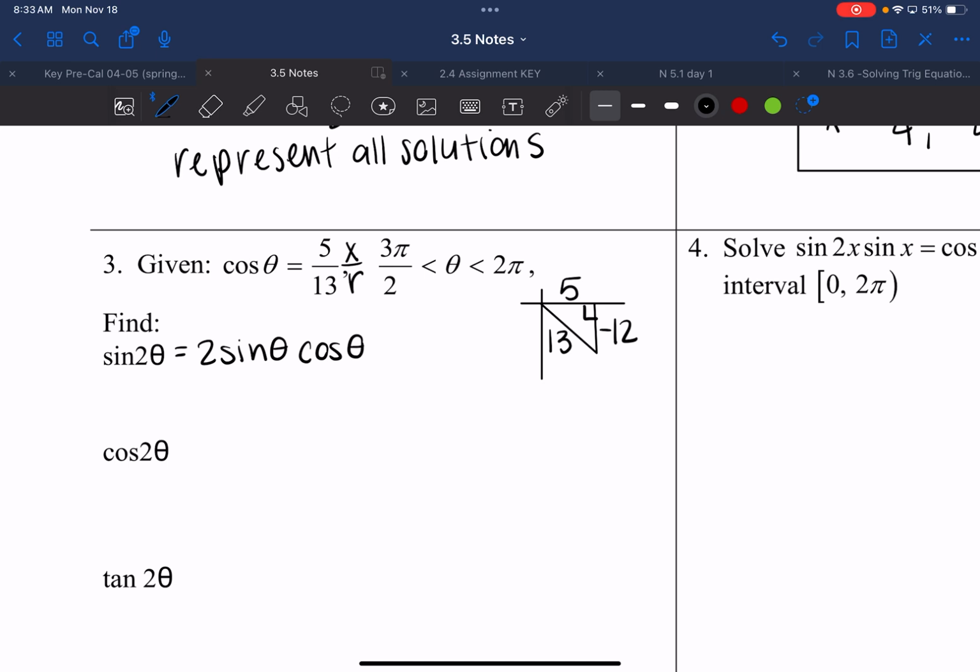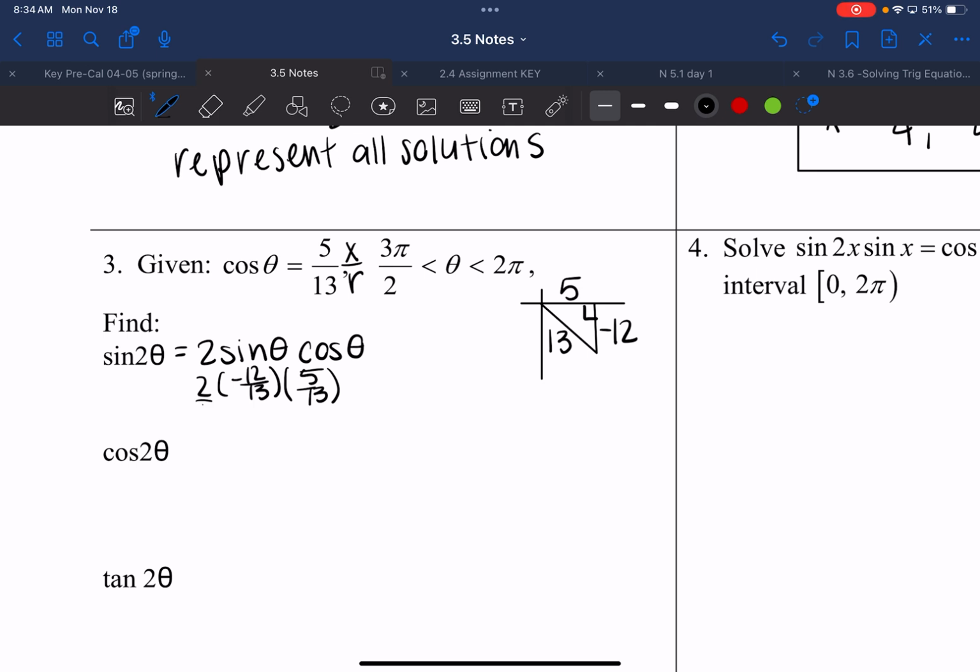And now that we have our picture, we know what we're allowed to replace sine and cosine of theta with, right? So what would sine of theta be? Negative 12 over 13. So we're going to have 2 times negative 12 over 13 times, what is cosine? 5 over 13.